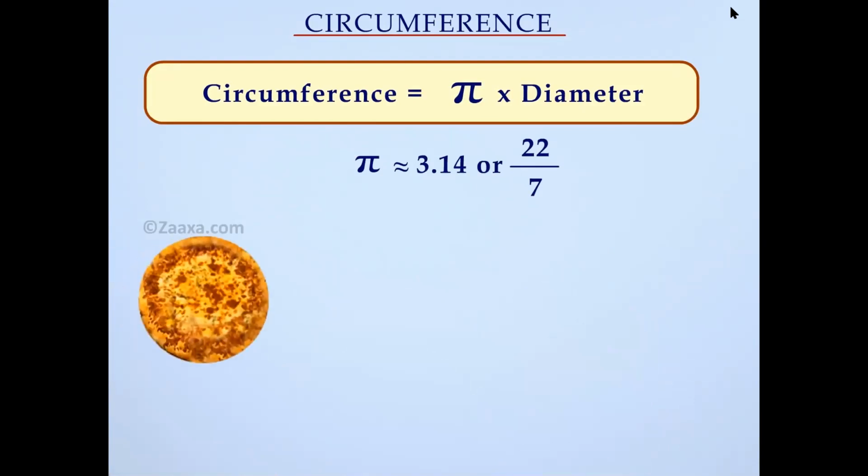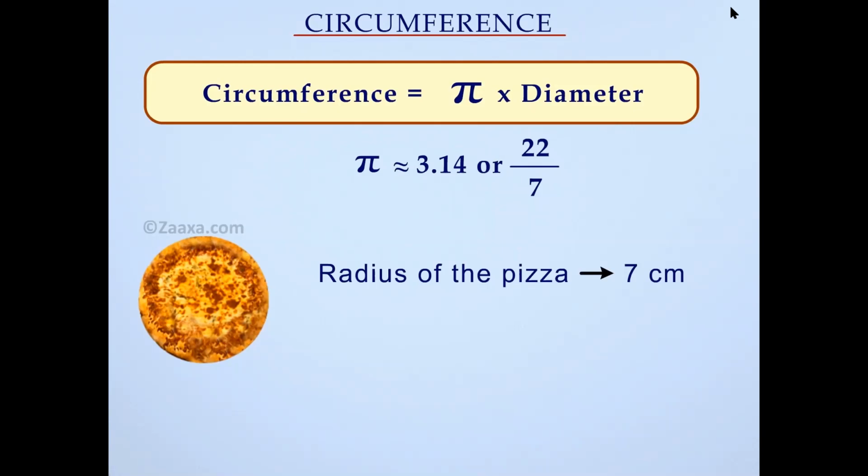Let us find the circumference of a pizza whose radius is 7 centimeters, taking the value of pi as 22/7. We know the circumference of a circle is pi times the diameter of the circle, or 22/7 times the diameter of the circle.